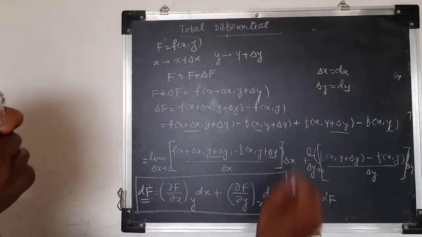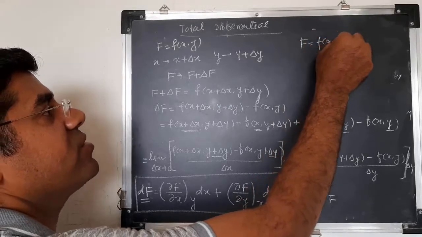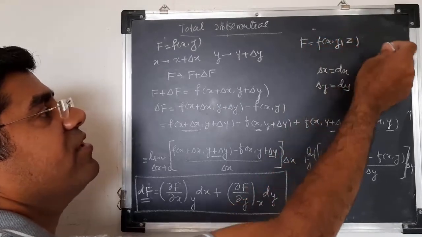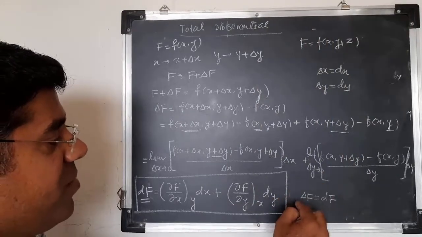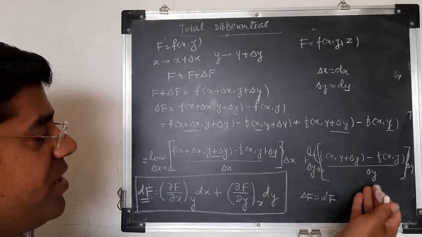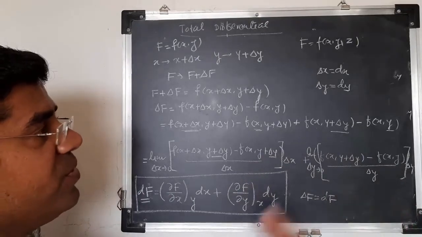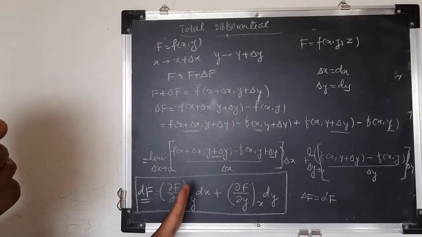Suppose your function is f of x, y, z and so on. Then the same thing, plus delta f by delta z into dz. Suppose w is there, then plus delta f by delta w into dw. This is about total differentiation.